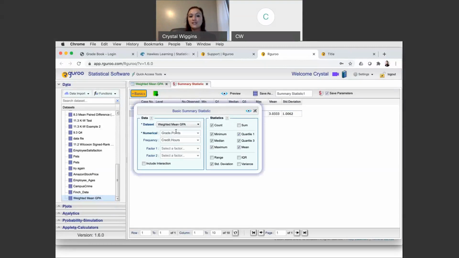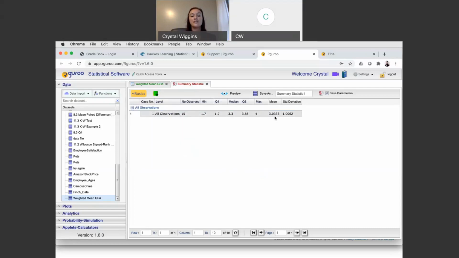And there would be nothing selected for frequency. Notice there's a little star, which means required, but there's no star next to frequency because not all mean calculations are weighted. So you only need to fill out the frequency when you're working with a weighted mean, when there's two columns that contribute to your mean.